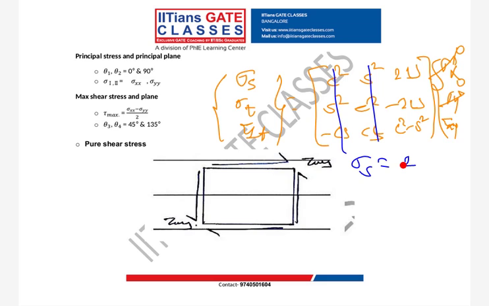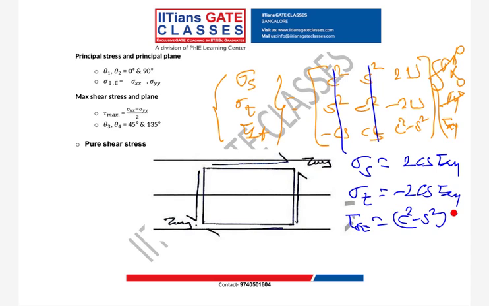It will be 2CS tau xy. Sigma T is minus 2CS tau xy. What is your tau ST, or tau? It is (C square minus S square) into tau xy.